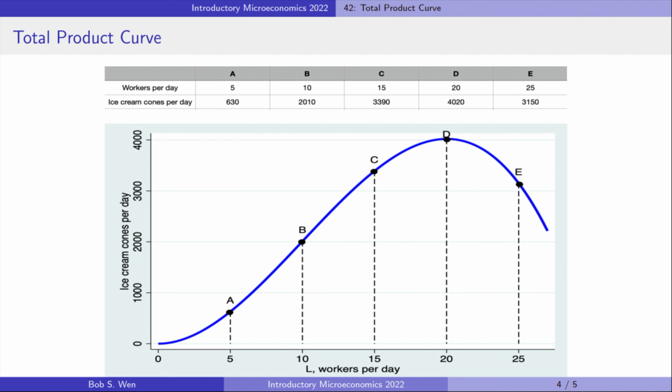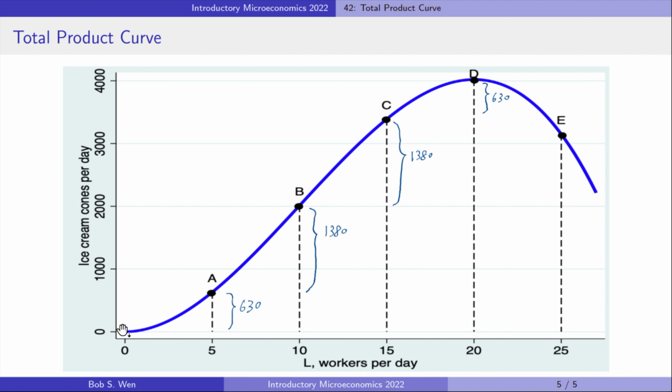If each worker is equally productive and can produce the same amount of ice cream cones per day, then for every one more worker, the total product should increase by the same amount. It would give a straight line. However, in reality, when the firm employs more and more workers, each new worker's productivity is not the same. That is, the marginal product changes.